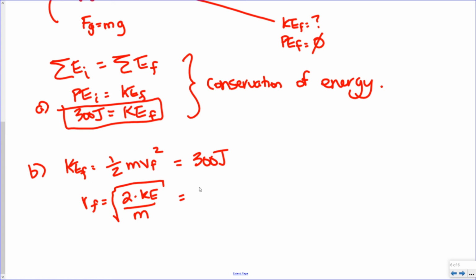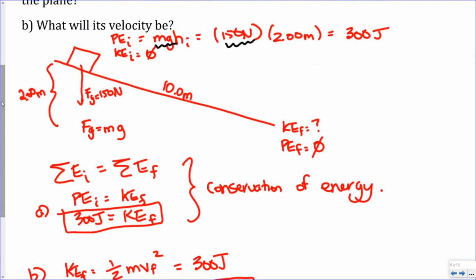We can fill this in now. We have 2 times 300 divided by the mass. We didn't calculate that yet, so we actually do need to go up and calculate the mass here.